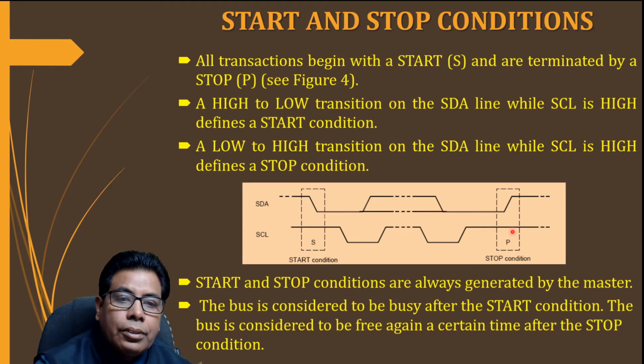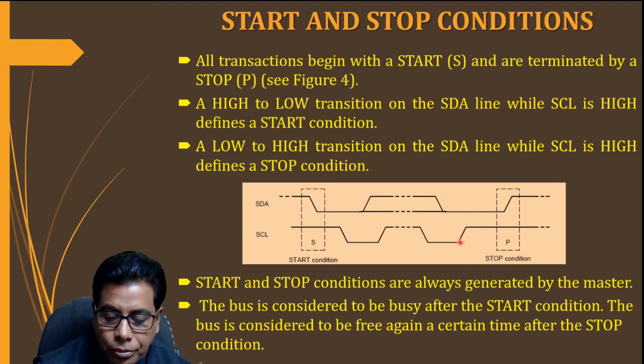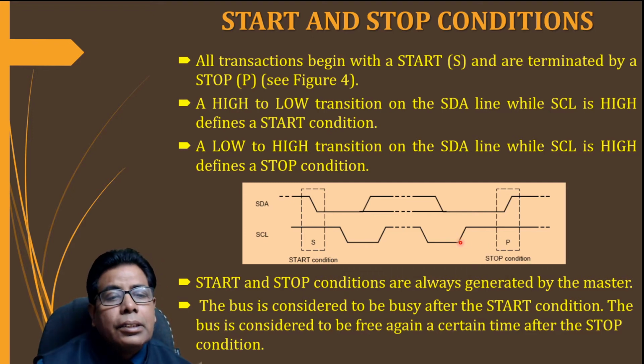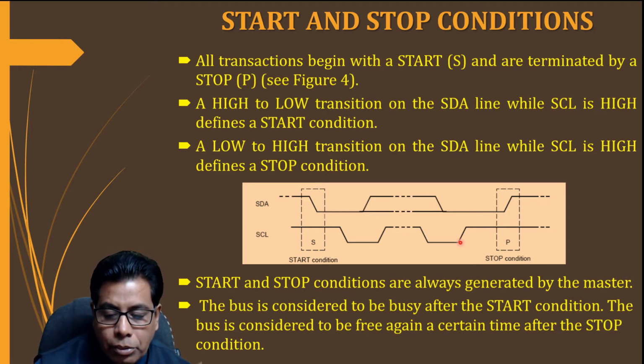Bus will be busy in between the start and stop. This is because this is a multi-master protocol, and if another master wants to use the bus, it detects whether it is idle or not. If it is busy, it will not be able to.